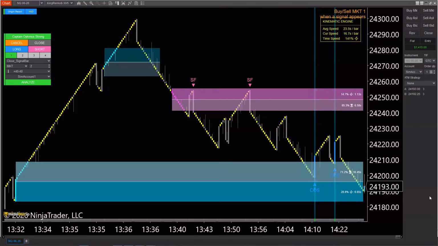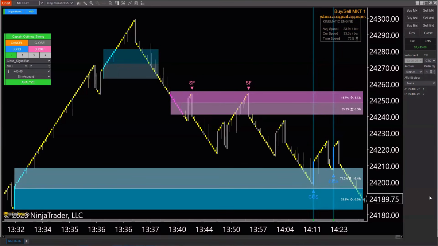I just want to give it a couple of minutes. Let's see if we can trigger some kind of a trade. I think if we have a reversal bar, there should be a trade.